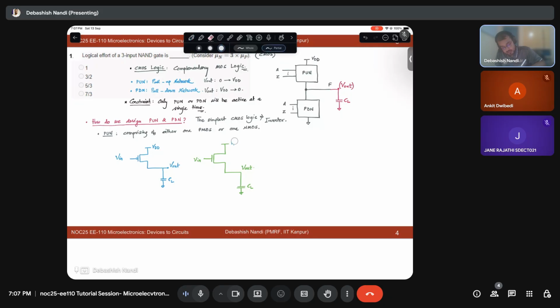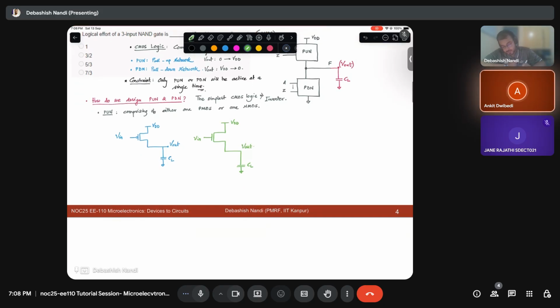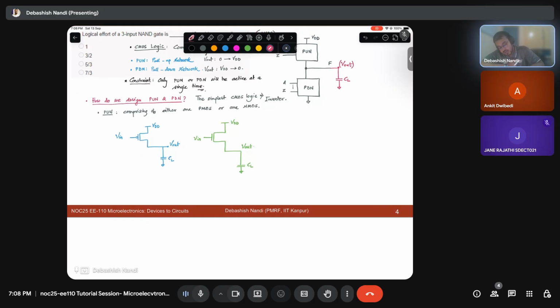Simply knowing things does not serve any purpose. So tell me what will happen if I use my PMOS? I can get the entire swing from 0 to VDD. What do I mean by swing?